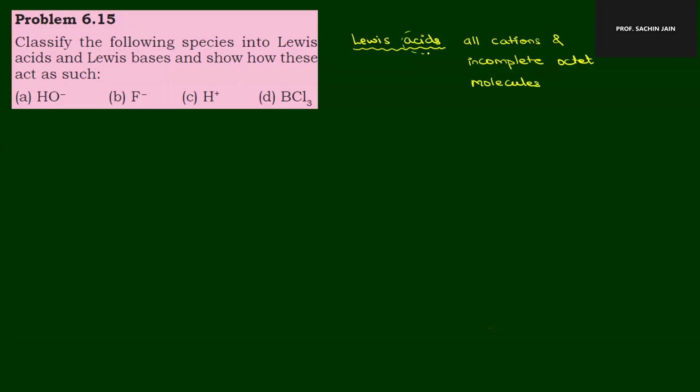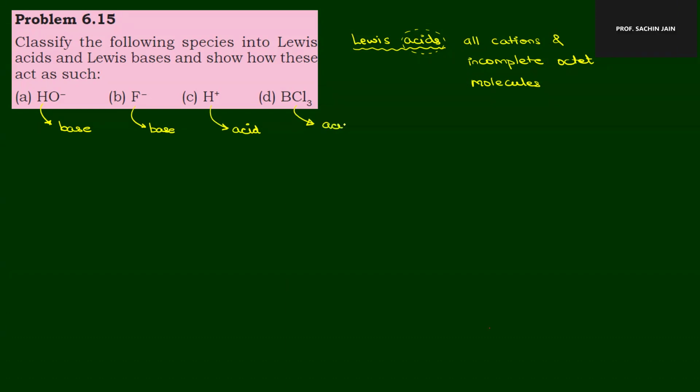Similarly, Lewis bases की अगर बात करें, then all the anions and the molecules which have a lone pair will act as a Lewis base. So here, if I talk about the hydroxide, it is a Lewis base, chloride base, H plus a proton will be Lewis acid, and BCl3 is an incomplete octet molecule.